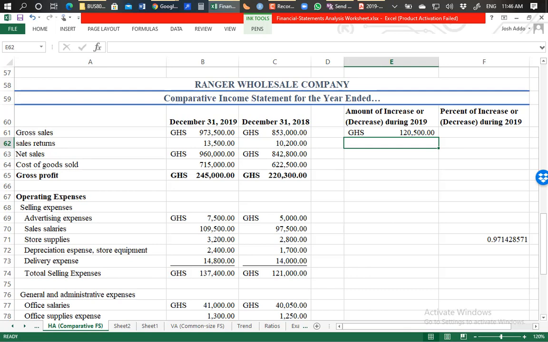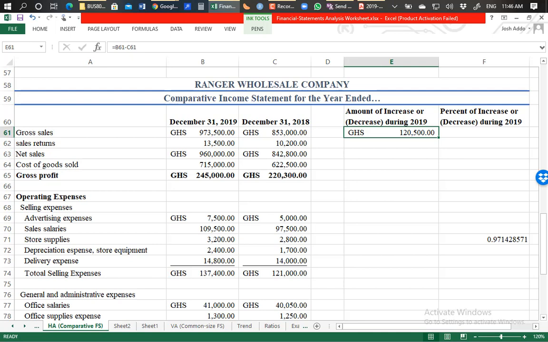Then when you are done, you now can drag. When you click on the formula you have created here, you now can drag down to complete the rest. You do not have to compute for each one of them, and that's one of the beauties of using spreadsheets. When you hover your mouse at the right down corner, you see this small box.